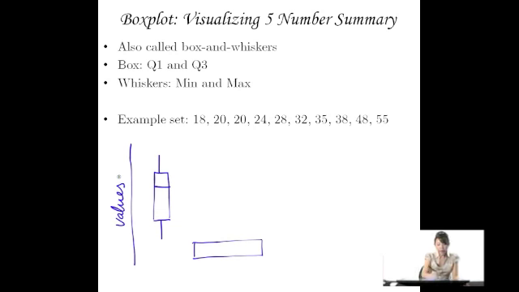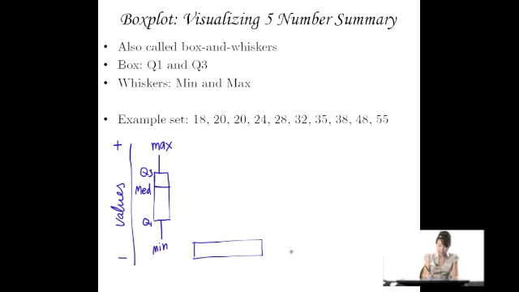Q1 is on the low end, and Q3 is on the high end. Those are the boundaries of the box. The line in the middle is the median, and the whiskers end at the minimum value and the maximum value. So that's how you decipher a box plot.